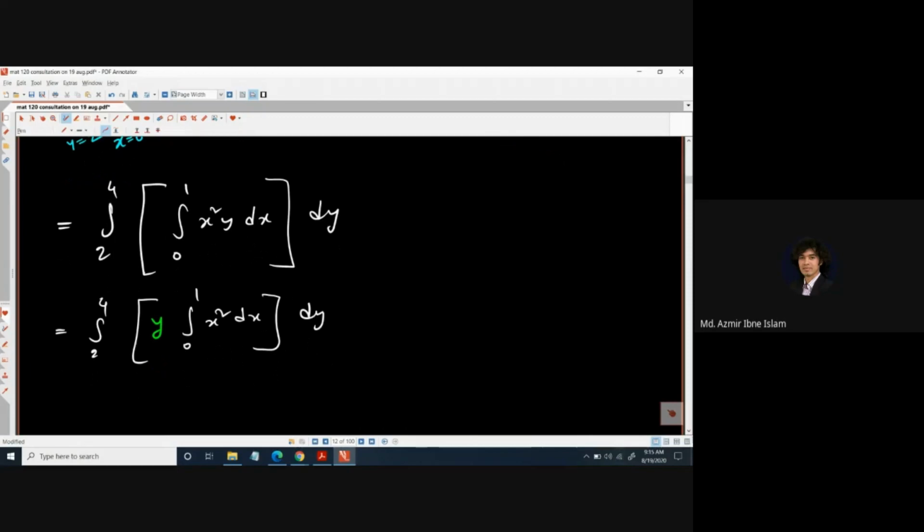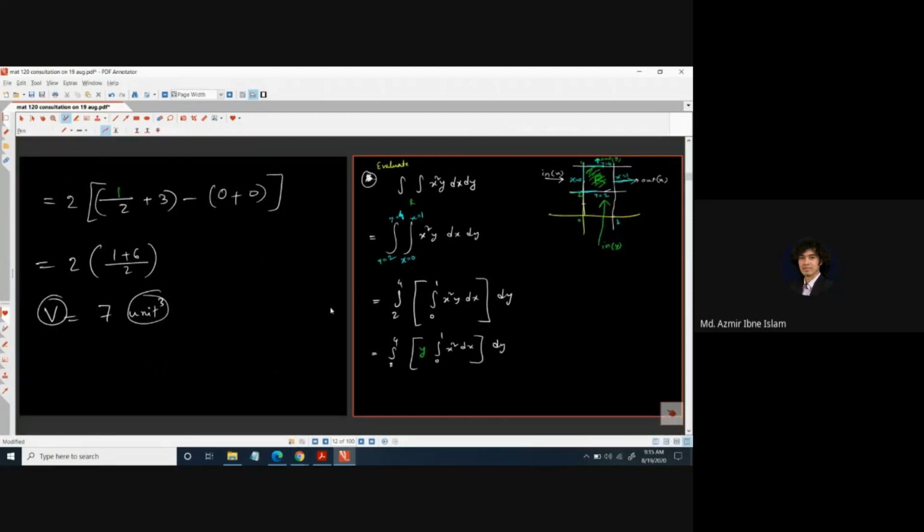Then we are getting the integration from 2 to 4 of y times the integral of x squared, which will be x cube over 3, with upper limit 1 and lower limit 0, and we have dy.